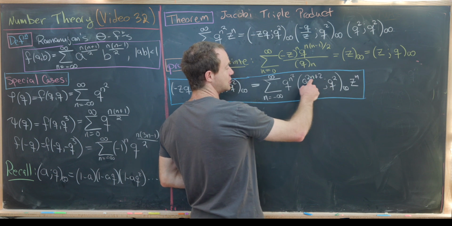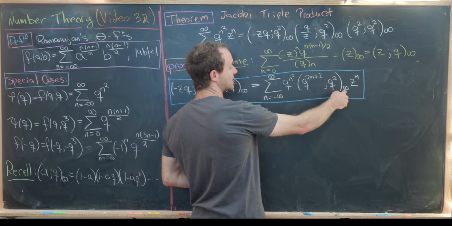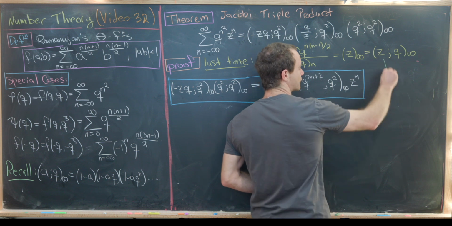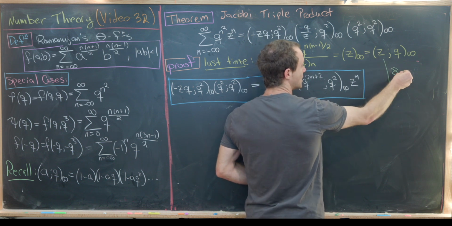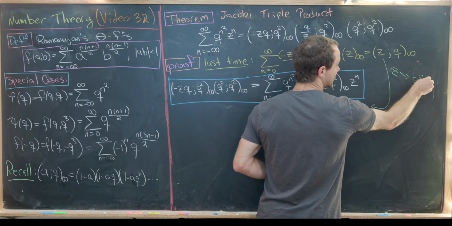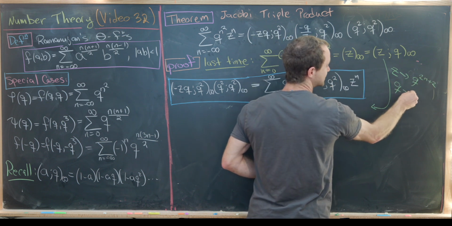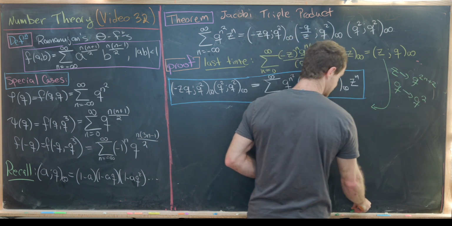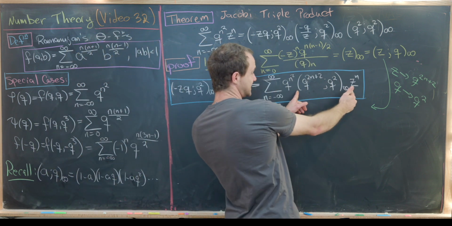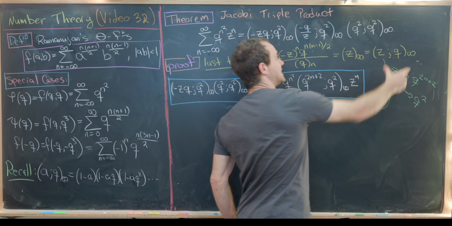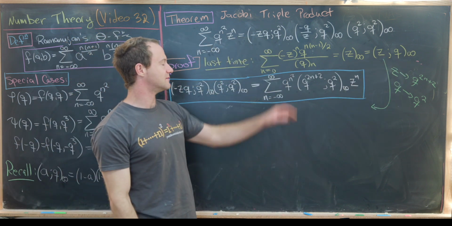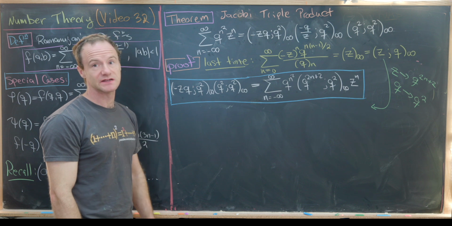Notice that this (q^{2n+2}; q squared)_infinity is exactly this guy where we have replaced z with q^{2n+2}, and we've replaced q with q squared. So if we make that replacement, then this thing right here turns exactly into this right-hand side of our yellow identity. So that means we need to make the replacements on the left-hand side as well.